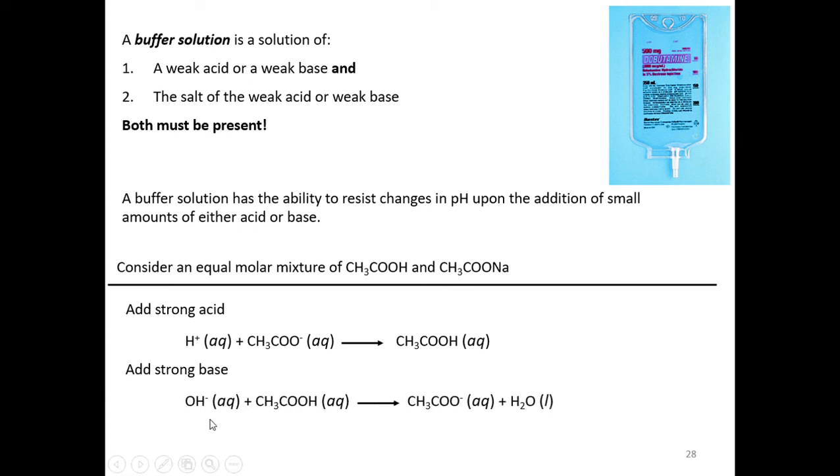If we add a strong base, like potassium hydroxide or sodium hydroxide, anything that contains the hydroxide ion, that will dissociate 100%, so we'll have hydroxide ions in solution, and those are going to react with the weak acid. From that, we will get the conjugate base plus a water molecule.